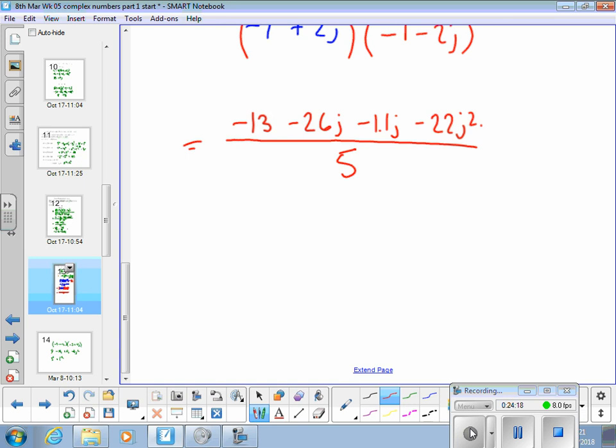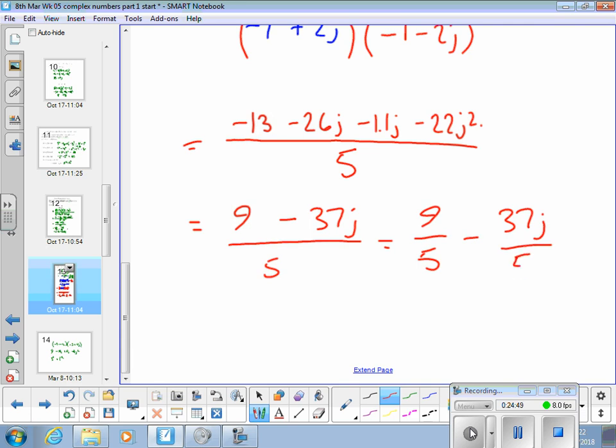That minus 22 becomes, so minus 13 plus 22 is 9, minus 26, take away another 11, is minus 37j over, 9 over 5 minus 37j over 5.